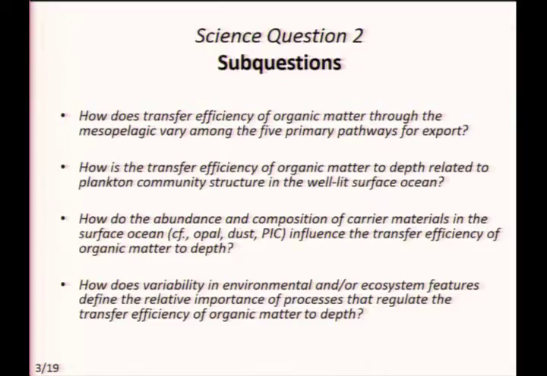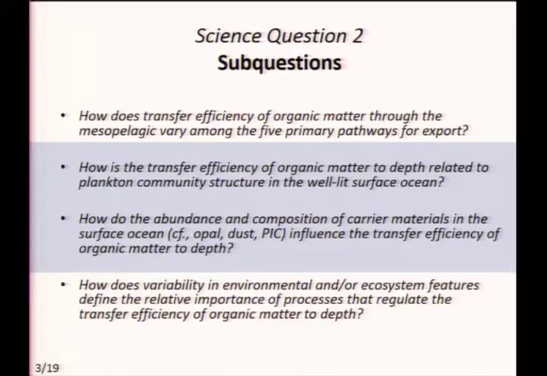So, science question 2. Within the science plan, this is broken down into 4 sub-questions. I can leave you to read these, but for the purpose of this talk, I'm going to break those down. The first sub-question essentially covers the whole span. It's really just how this transfer efficiency varies across the 5 pathways. But for the purposes of this talk, I want to group together some of the other questions.